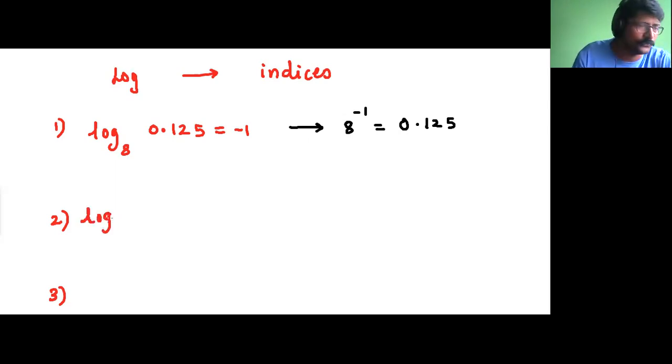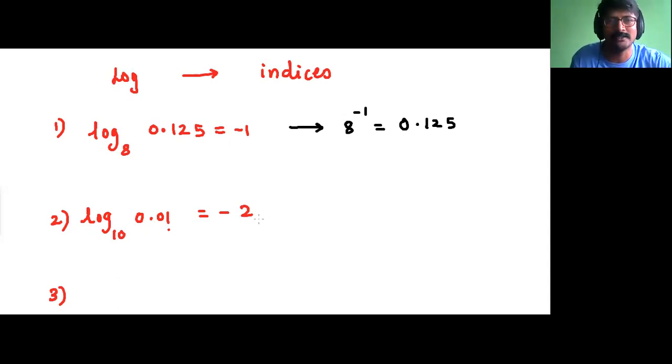Log, I hope you finished writing this. Log 0.01 to the base 10 is equal to minus 2. Say along with me: log 0.01 to the base 10 is equal to minus 2.